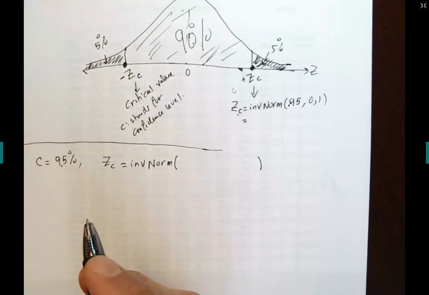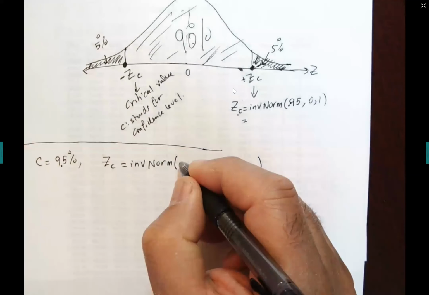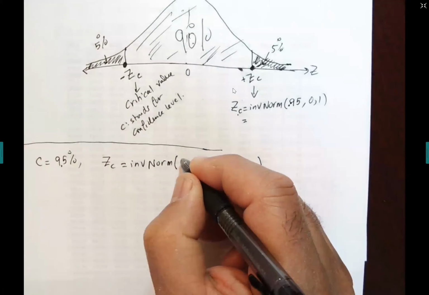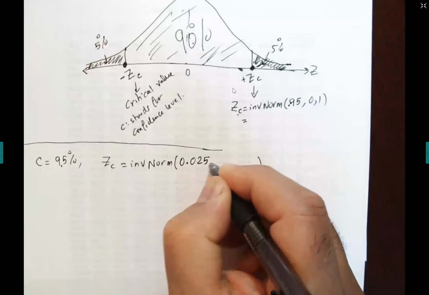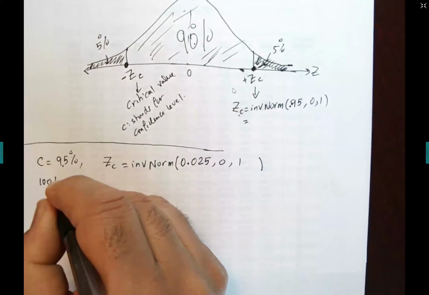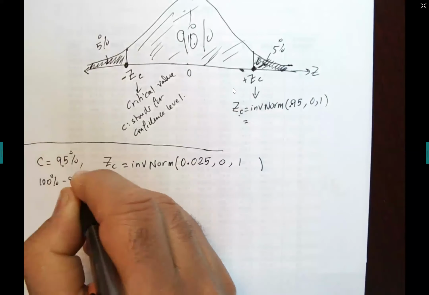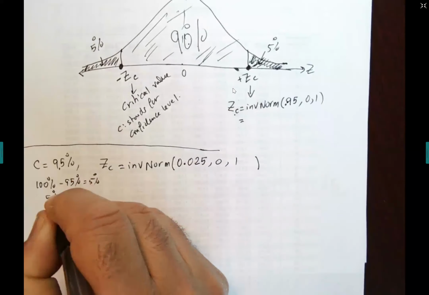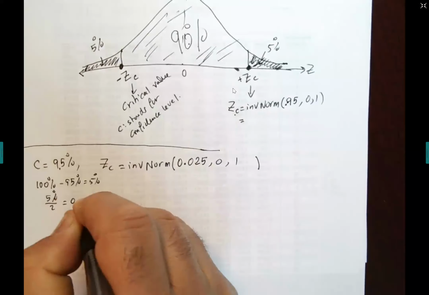Change it to a decimal. What is 2.5% as a decimal? 0.025. So 100% minus 95%, 5%, 5% divided by 2, and you're done. Just put it here.